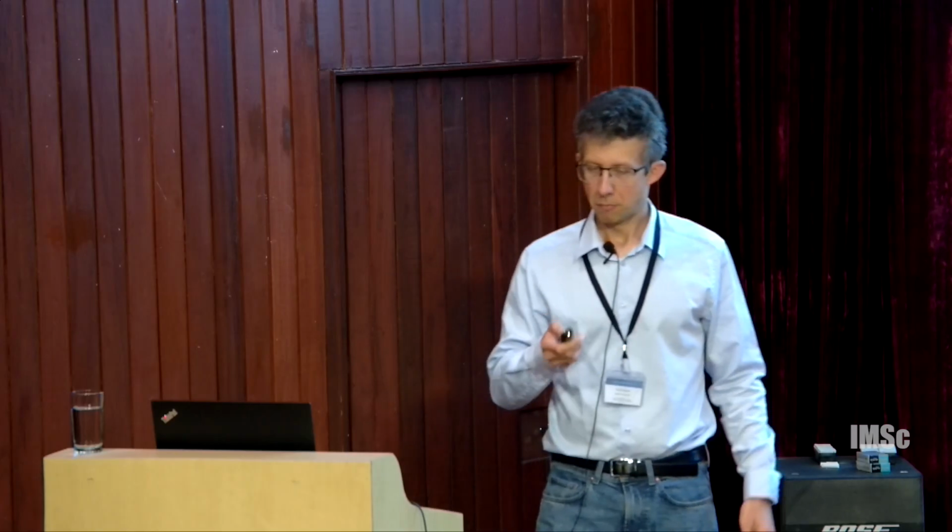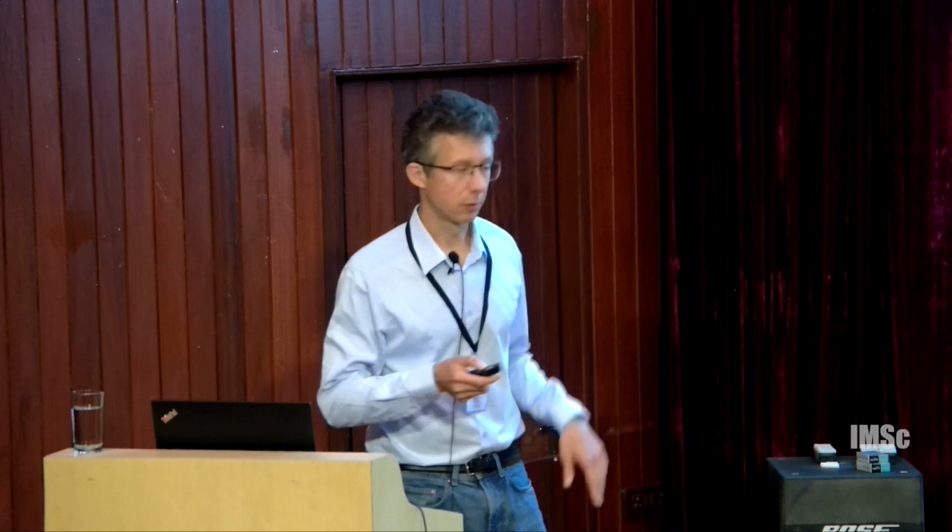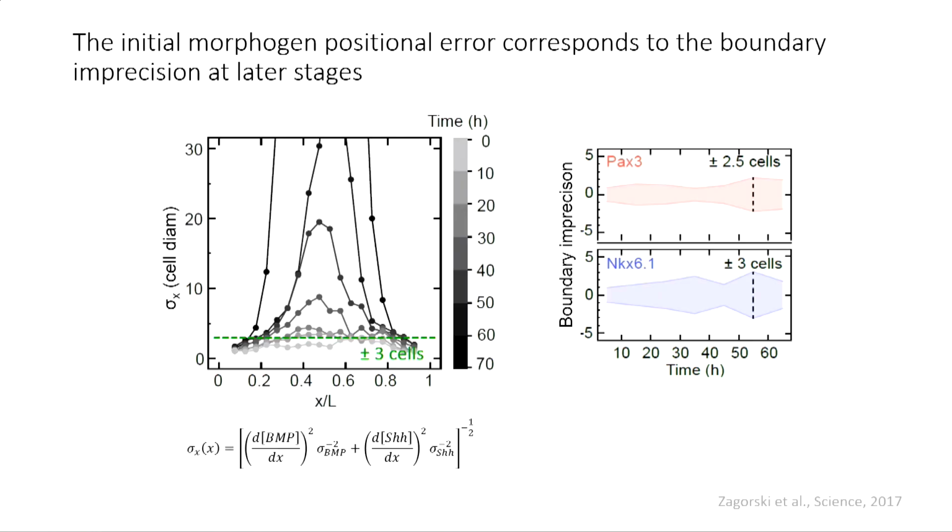Applying the formula that I introduced last time, just to give you intuition, you take the spread in the morphogen signaling activity and transpose it to the uncertainty in the x position.